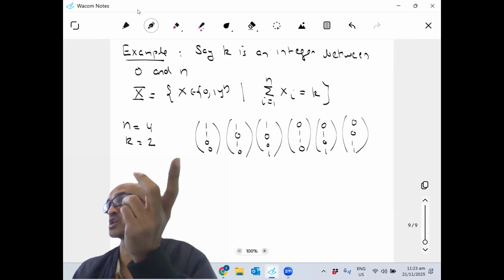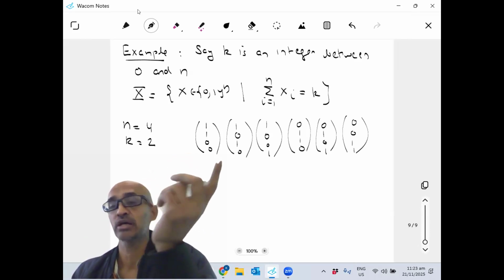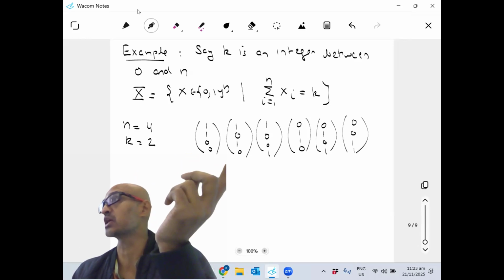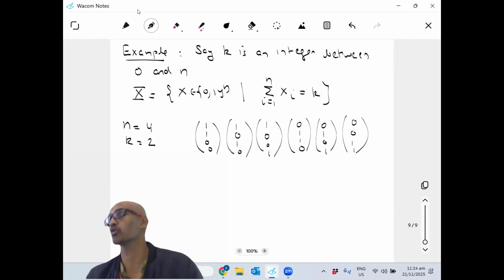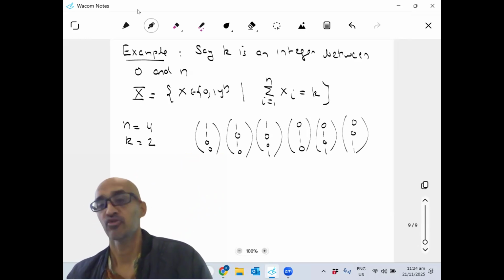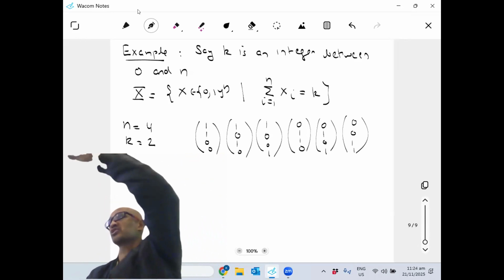These are all four-dimensional vectors with binary entries where they add up to exactly 2. Exactly 2 are zeros. This is the set for n equal to 4 and k equal to 2. So this is an integer set, a set of integer vectors.